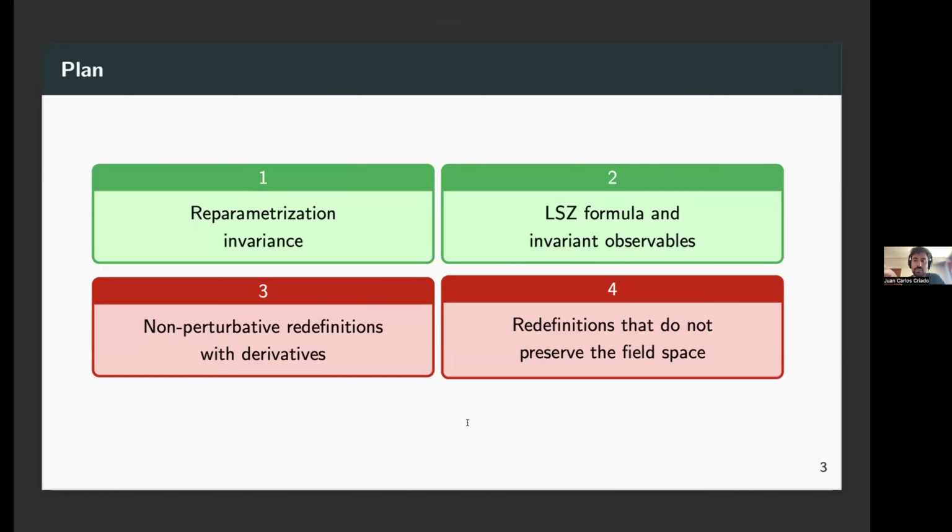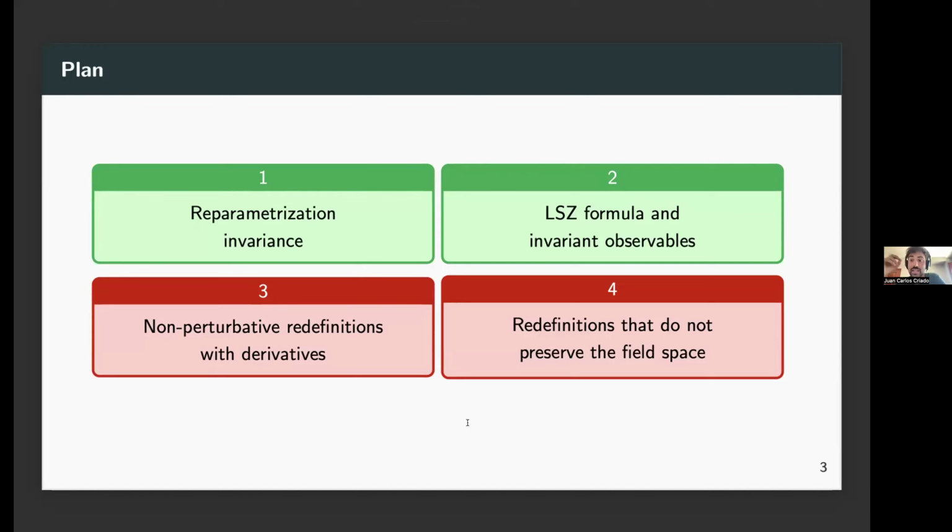I've divided it in 4 blocks. The first 2 are about field redefinitions that work, in a sense. The first one is about reparameterization invariance, which is the idea that physics should be independent of the coordinates that you use to parameterize your field space.